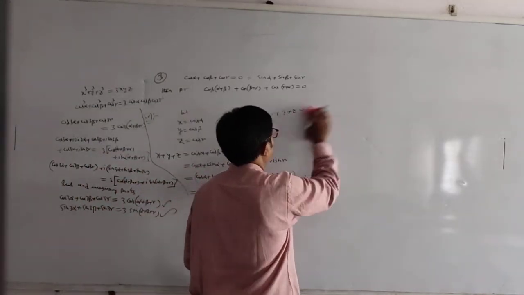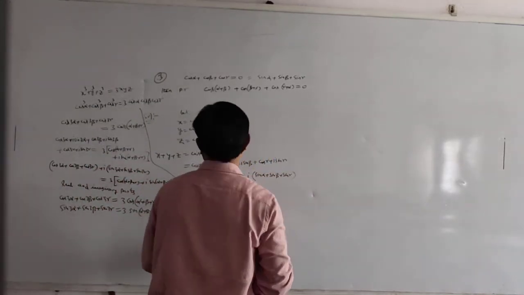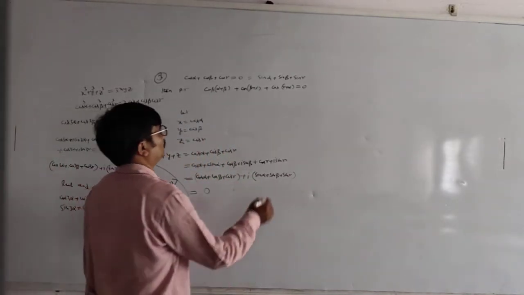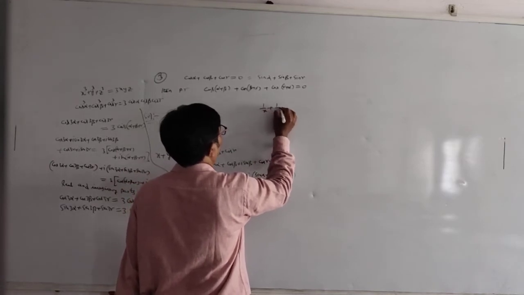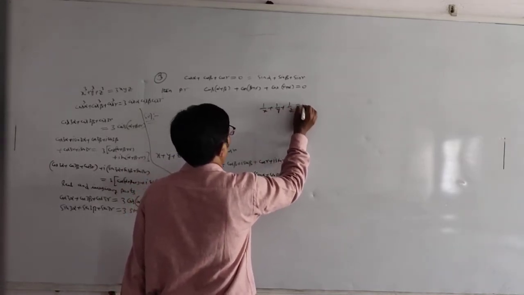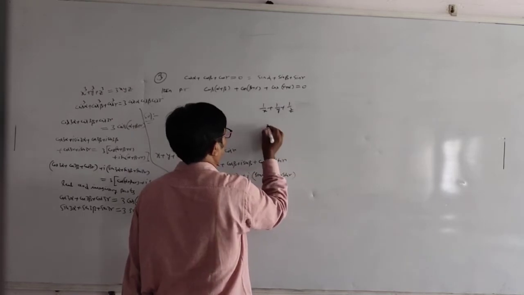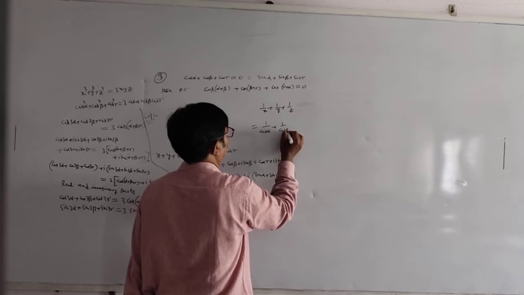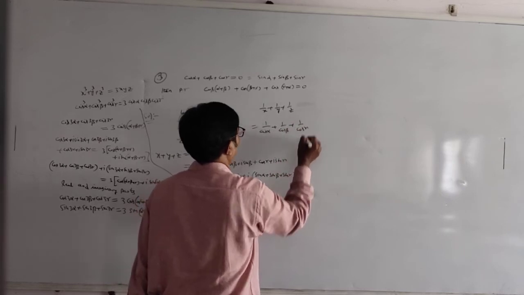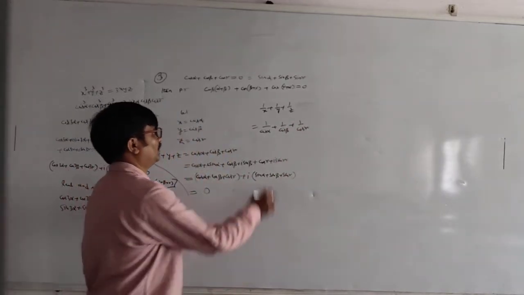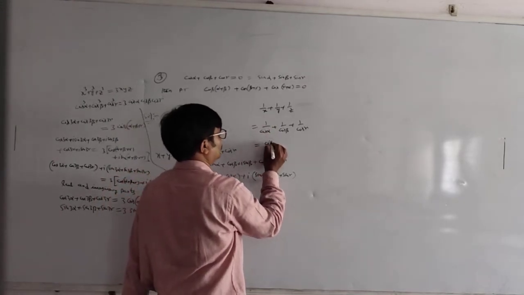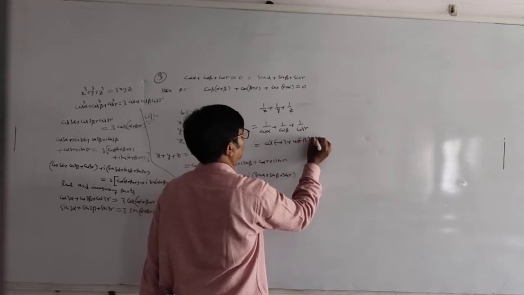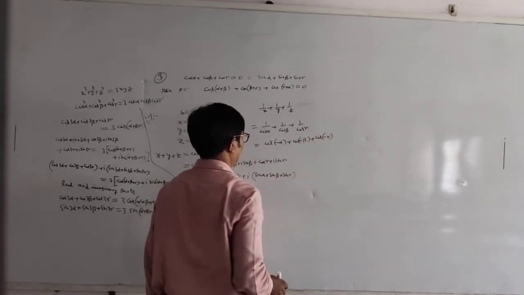My dear students, we know that x plus y plus z is 0, and also 1 by x, 1 by y, 1 by z. That is 1 by cis alpha, 1 by cis beta, 1 by cis gamma. 1 by cis alpha means cis of minus alpha, cis of minus beta, cis of minus gamma.